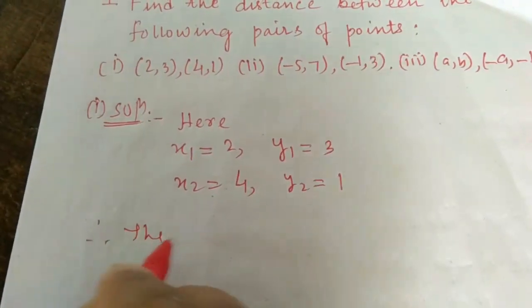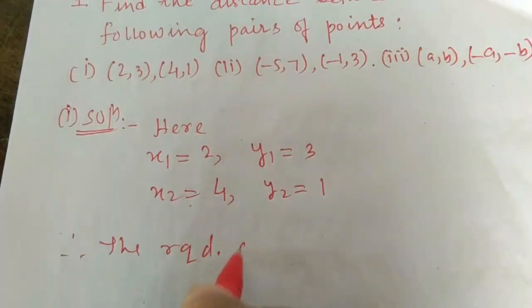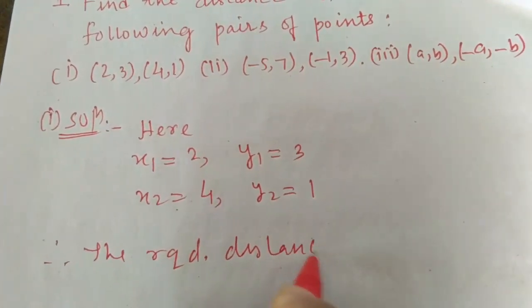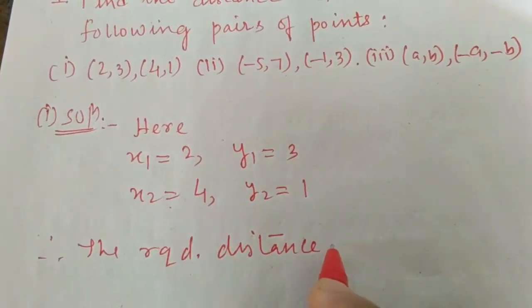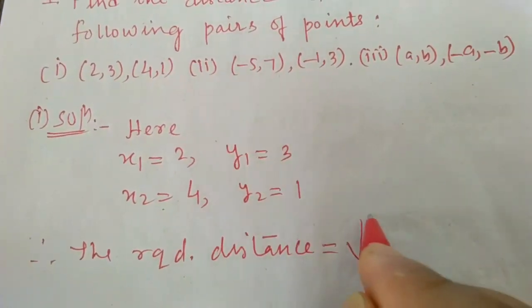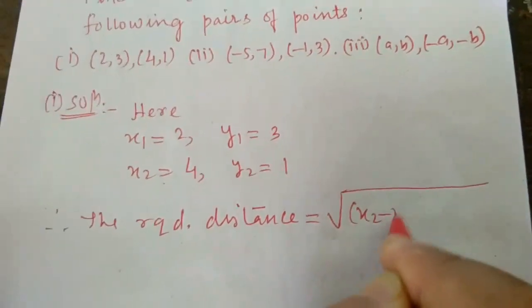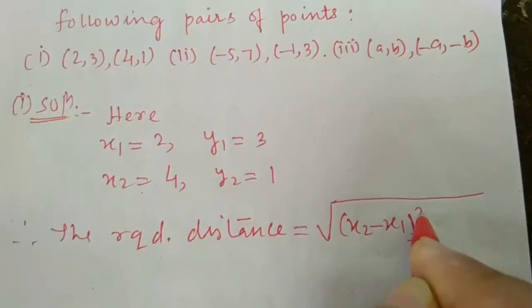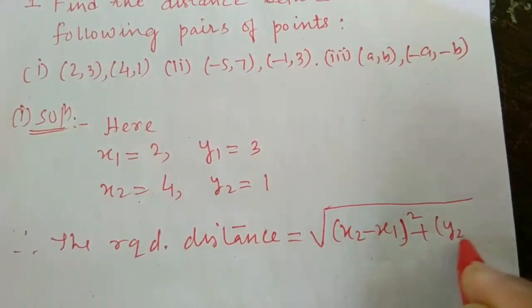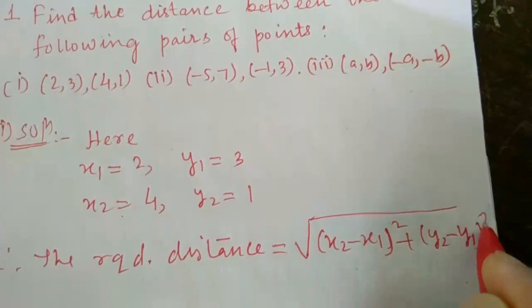Therefore the required distance, what is the distance formula? I gave you like this: root over x2 minus x1 whole square plus y2 minus y1 whole square.